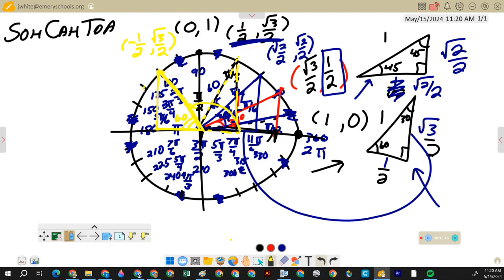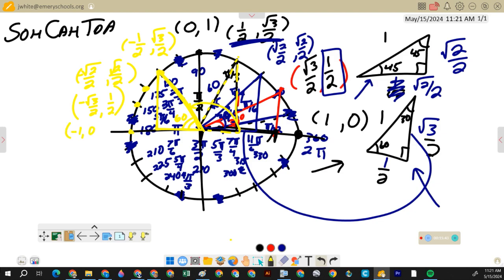Okay, what about the next point? Negative root 2 over 2, comma, root 2 over 2. Okay, what about the next point? Negative root 3 over 2, comma, 1/2. All right, what about the next point?